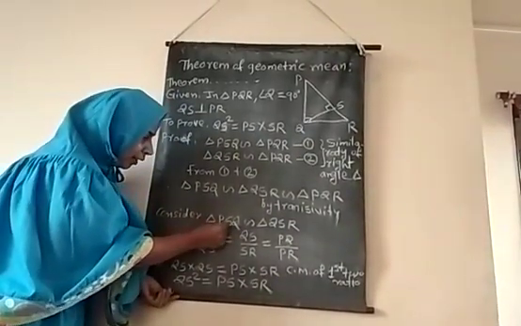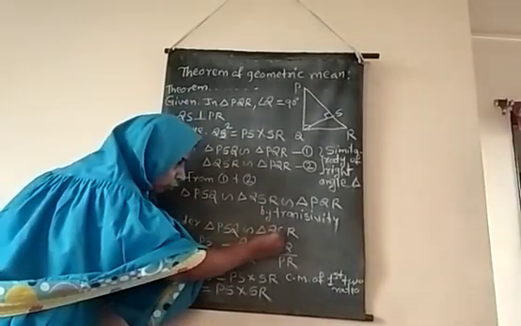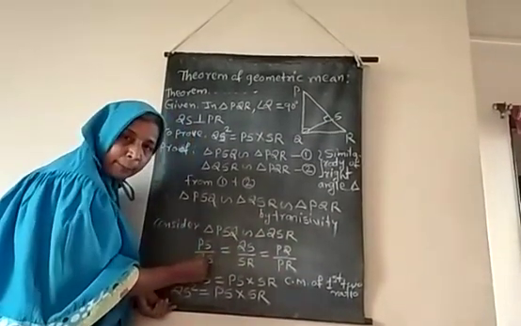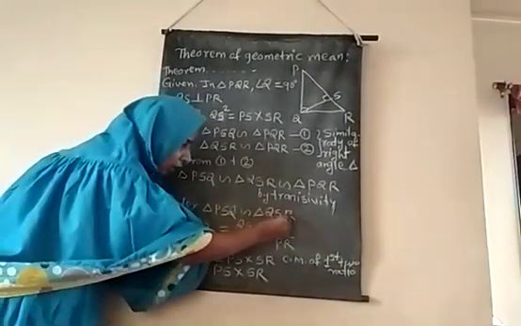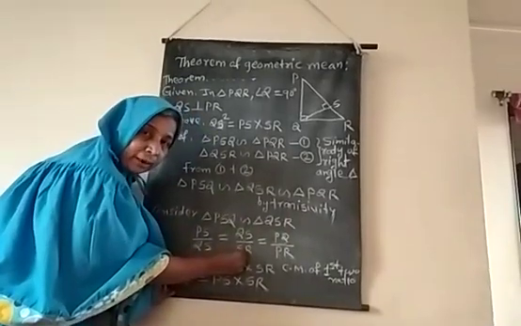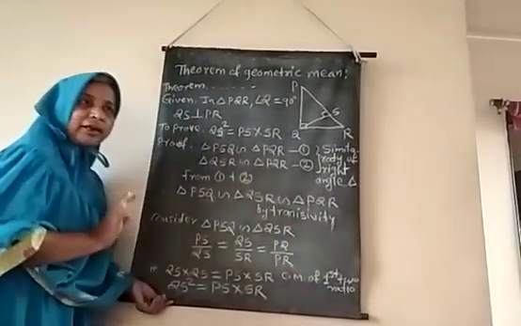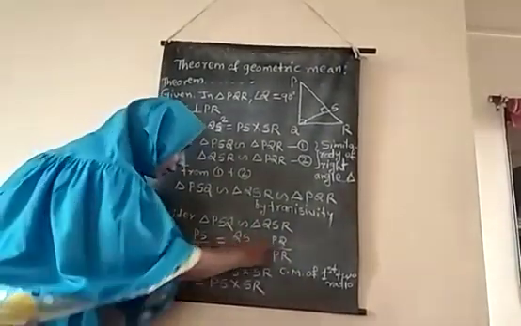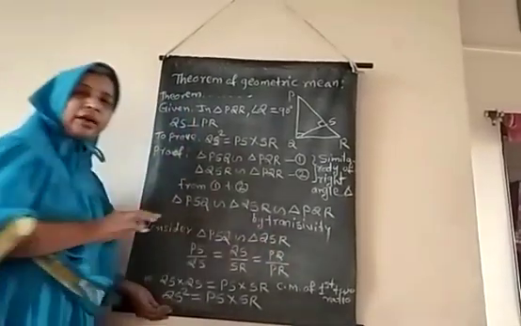We write the first two letters of the first triangle over the first two letters of the second triangle, then the second two letters of the first triangle over the second two letters of the second triangle, then the first and third letters, here also first and third letters. In this way, you write the proportional ratios of the two similar triangles.